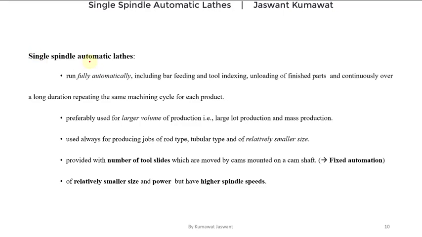The single spindle automatic lathes that we are going to study are provided with a number of tool slides which are moved by cams mounted on a camshaft. That means these lathes are equipped with a fixed automation system.